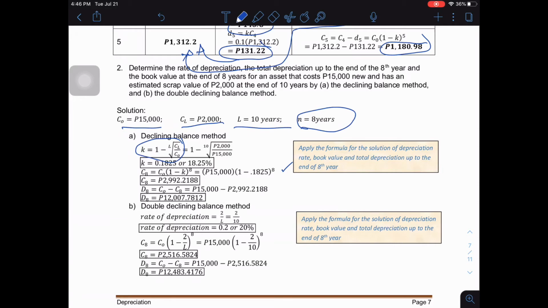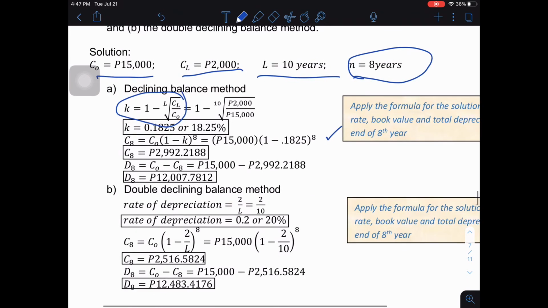Now for the total depreciation at the 8th year, so that's original cost minus the book value, so gives us 12,007.7812. Using double declining method, the rate of depreciation is 2 over L, wherein L is 10 years, so therefore the rate of depreciation is 20%.